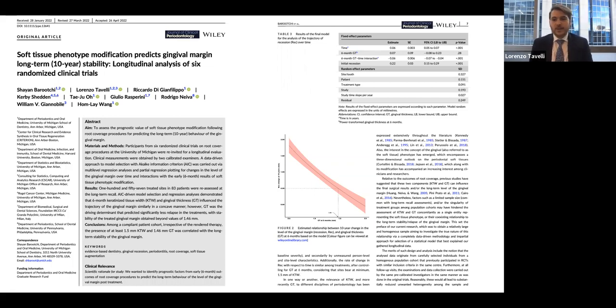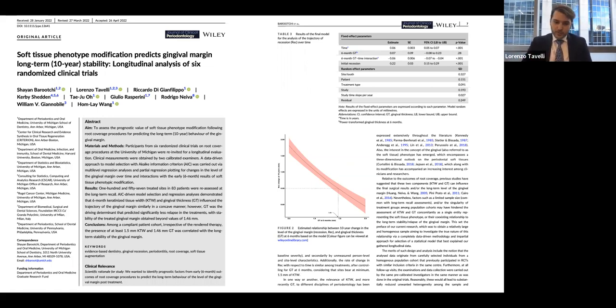In particular, that was a great effort from my dear friend, Dr. Barucci, in which we were able to call back several patients, 83 subjects, that were previously enrolled in a randomized clinical trial performed at the University of Michigan. And these patients had follow-up of more than 10 years. Some of these patients had 13, 15, 17.